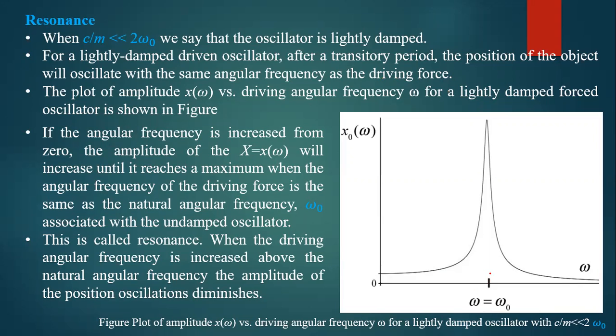That means it is coming to this point. This is the point where resonance will happen. The amplitude X(ω) becomes very high here, and that is the point where resonance occurs.